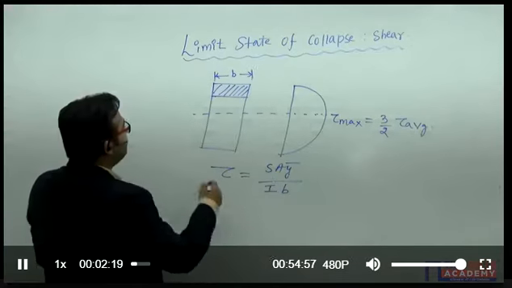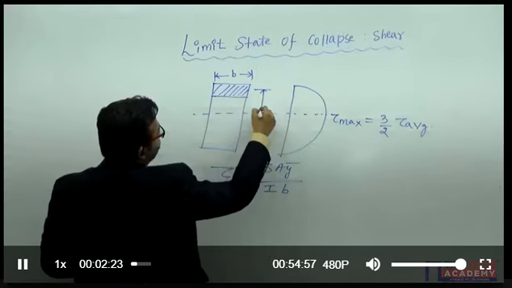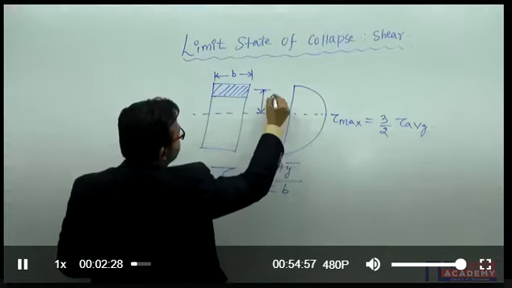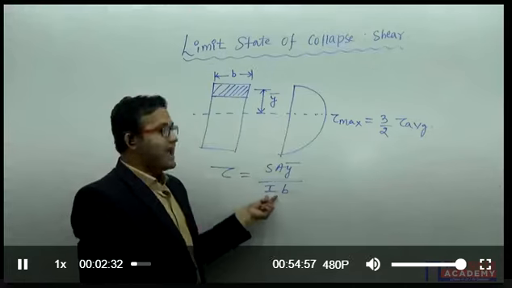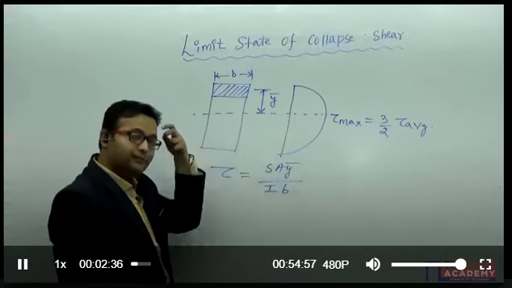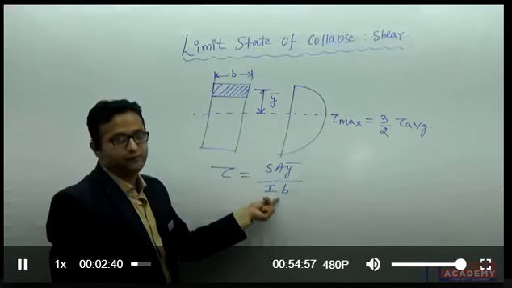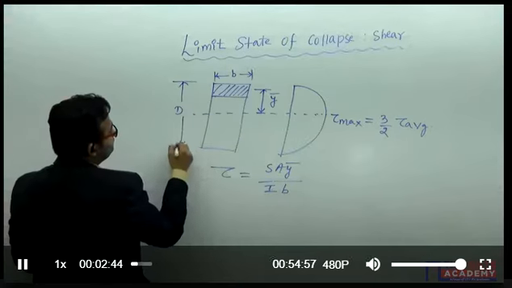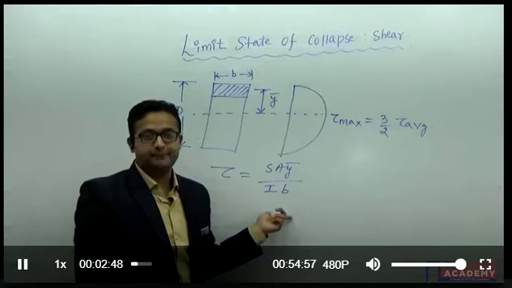Y bar is the distance between the neutral axis and the CG of the area of interest. I is the moment of inertia of the total cross-section of the beam, I equals B D cube by 12, where this is D. So this we have studied in the strength of materials, right?